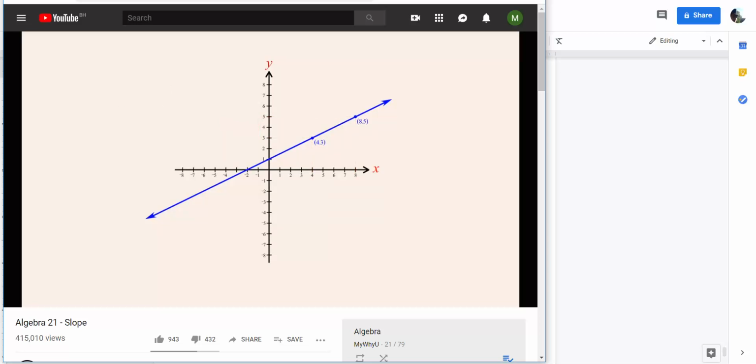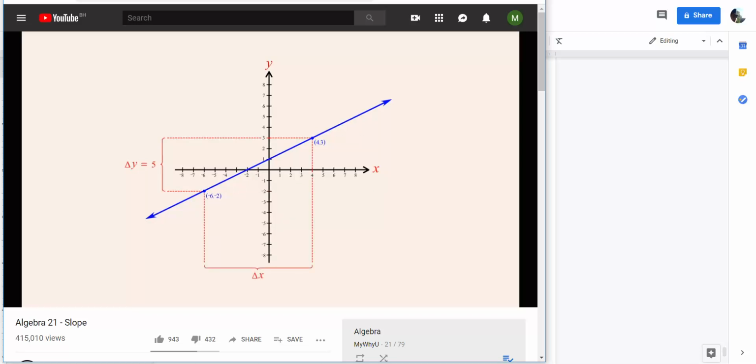Now, let's calculate the slope of the same line using a different pair of points. 4, 3, and negative 6, negative 2. Once again, delta y is the y-coordinate of the right point minus the y-coordinate of the left point, or 3 minus negative 2, which is the same as 3 plus 2, or 5.